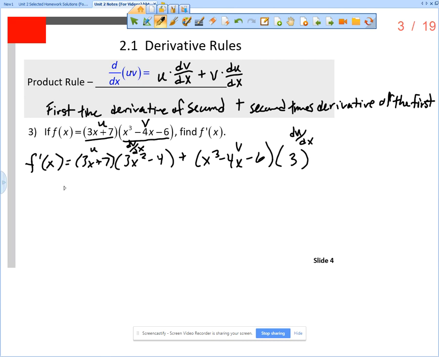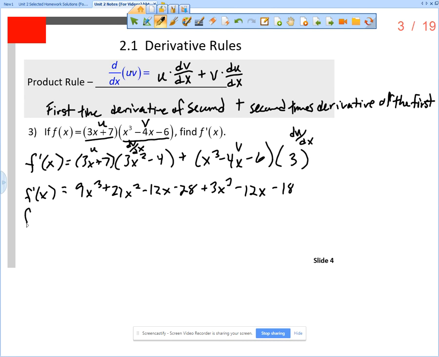All right, now let's say that we did choose to multiply it out. F prime of x. All right, so 3x times 3x squared, that would be 9x cubed plus 21x squared minus 12x. And then minus 28. So we would get all that. Then we have this other part, plus 3x cubed minus 12x, and then minus 18.